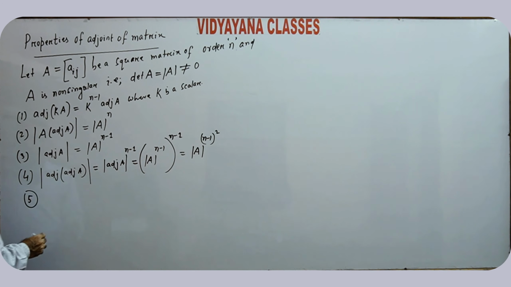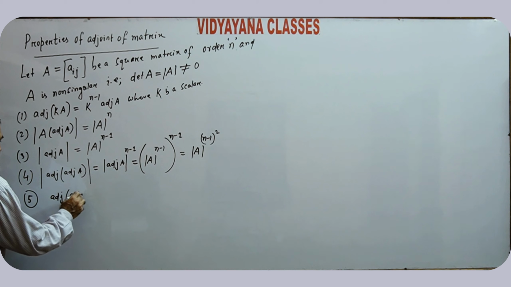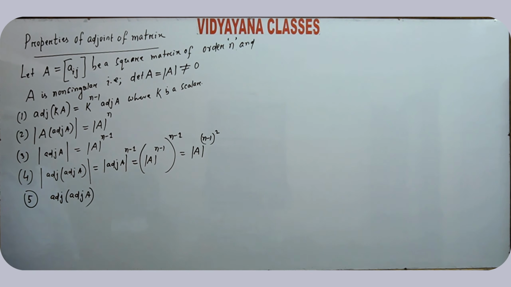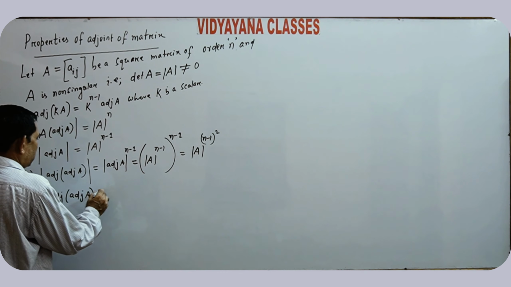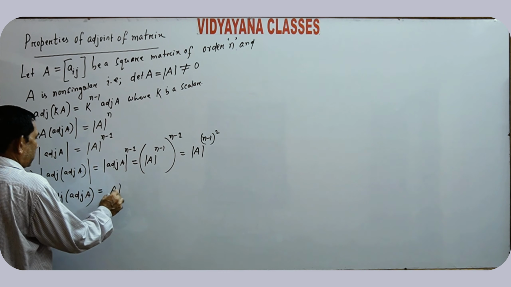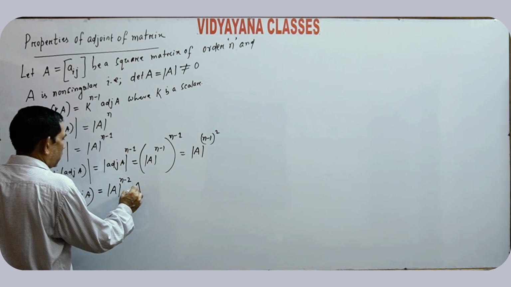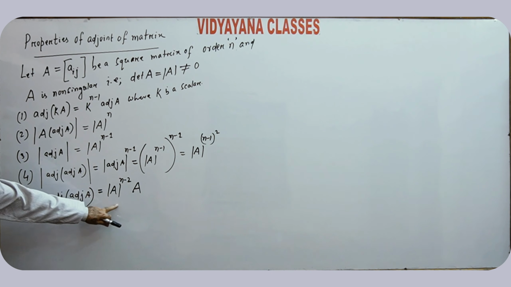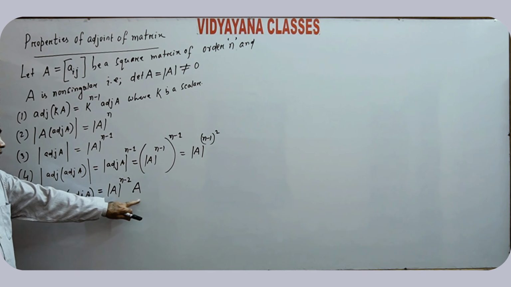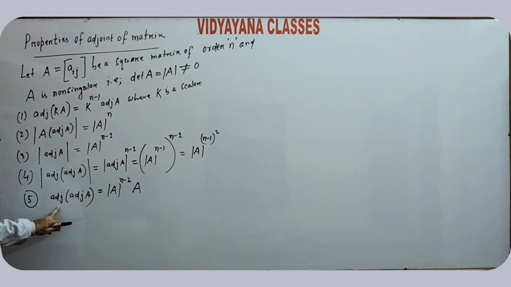Fifth property, adjoint of adjoint A is equal to determinant of A whole to the power n minus 2 into A. It is a scalar. Scalar into matrix is a matrix. Adjoint of adjoint A is a matrix.